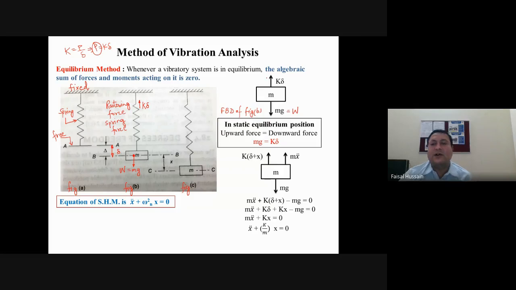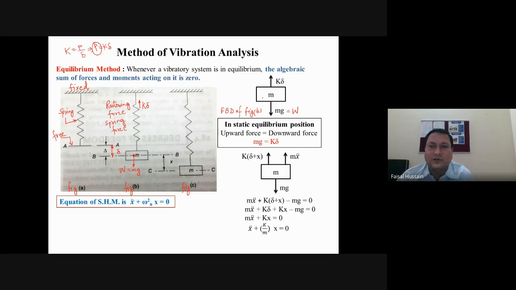Under static equilibrium, upward force equals downward force. So mg will be equal to K delta. Or if we apply the equilibrium condition, summation Fy equal to 0, so plus K delta minus mg equal to 0, so K delta equal to mg.